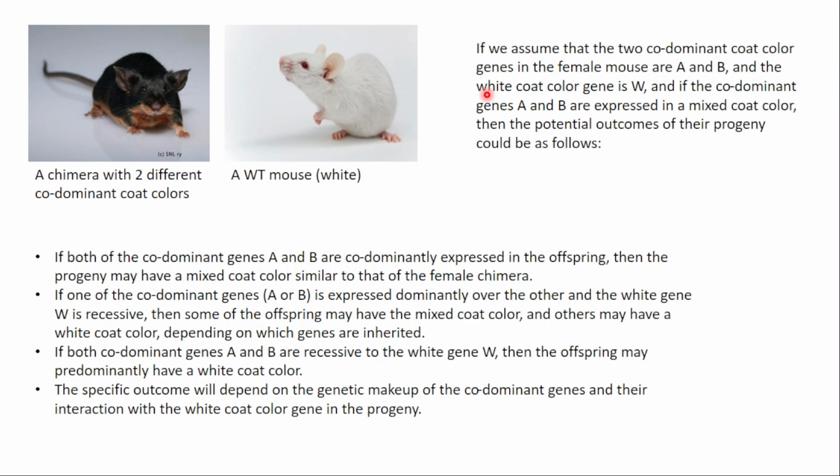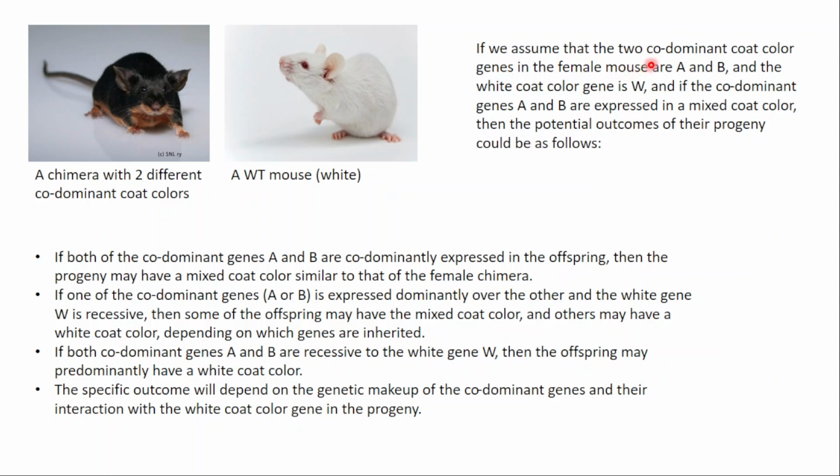Now to the second option, a chimera with two different codominant coat colors. Let's say this is an example of a chimera with a brown coat color and a black coat color, when crossed with a white mouse, which is colorless. Now what would happen? What will be the progeny?